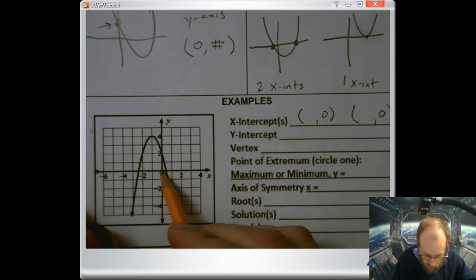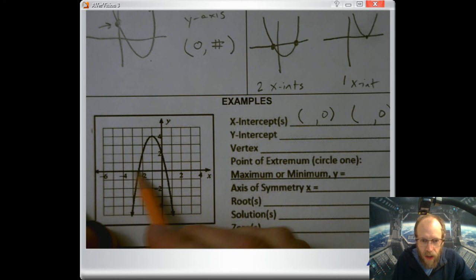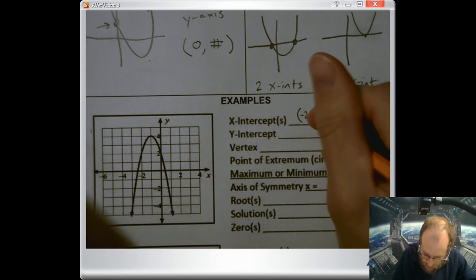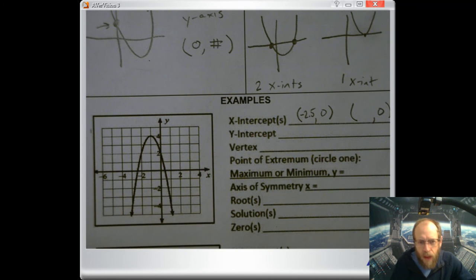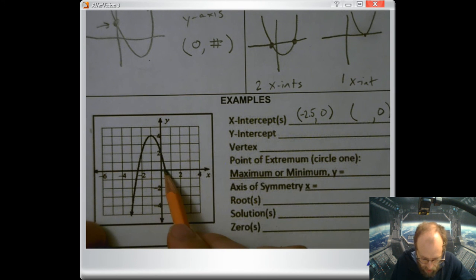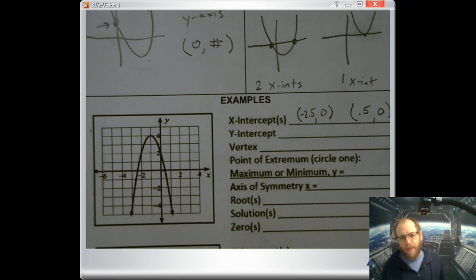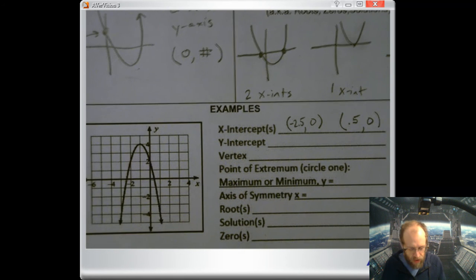So this would be, and we're going to have to estimate here, I'm going to call that -2.5, and I'm going to call this one, I don't know, 0.5. So there are my two x-intercepts. That point and that point, they're points, so they have coordinates.